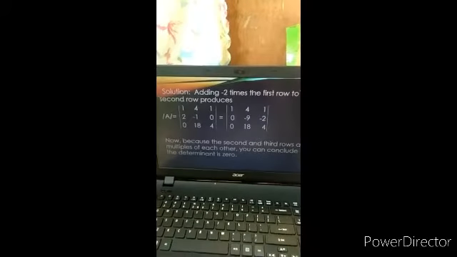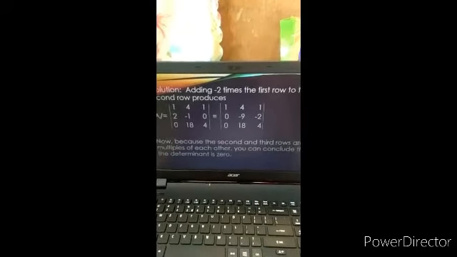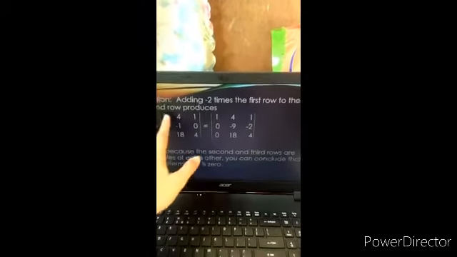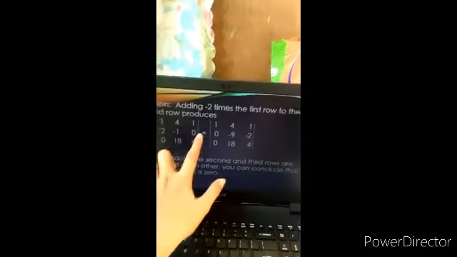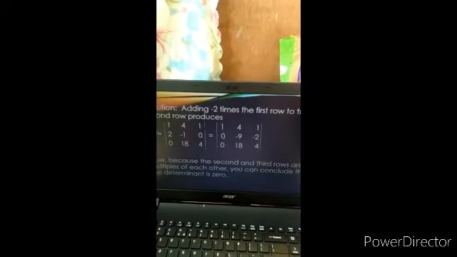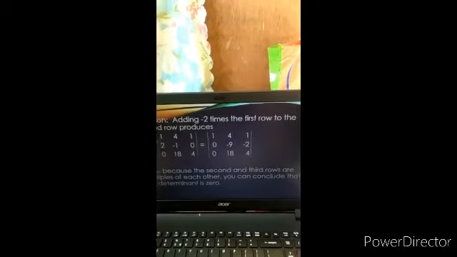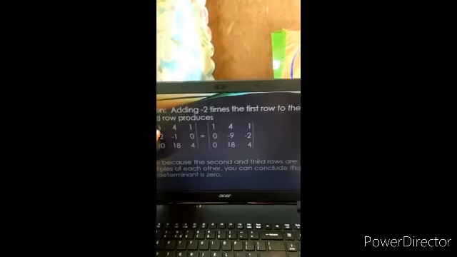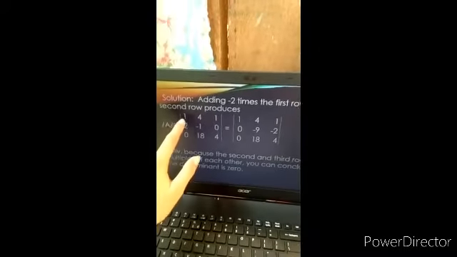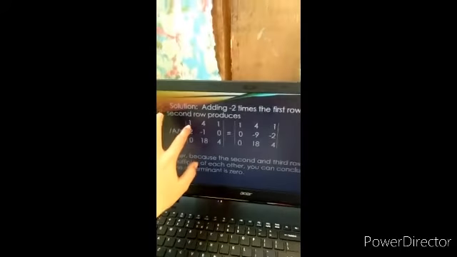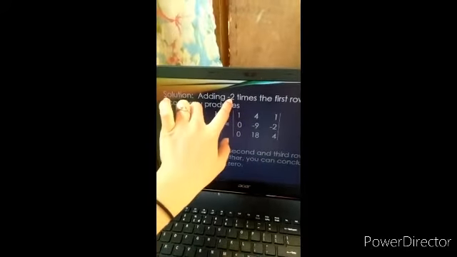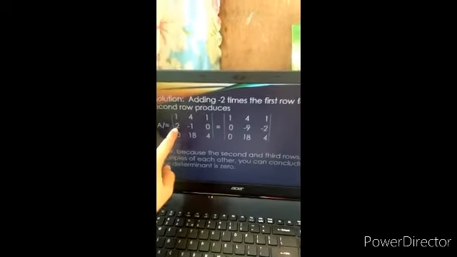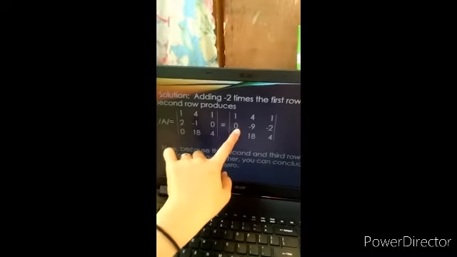So, what we will do here is add negative 2 times the first row to the second row to produce a new second row. So, 1 times negative 2 equals negative 2, plus 2 equals 0.